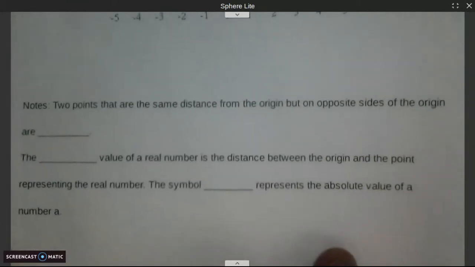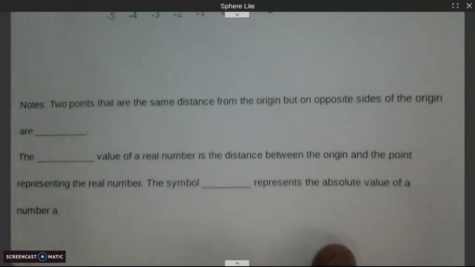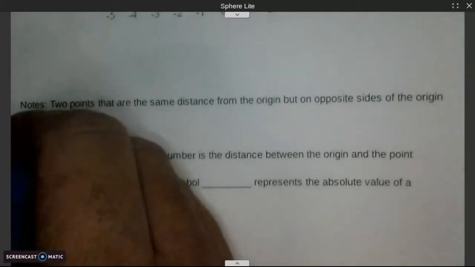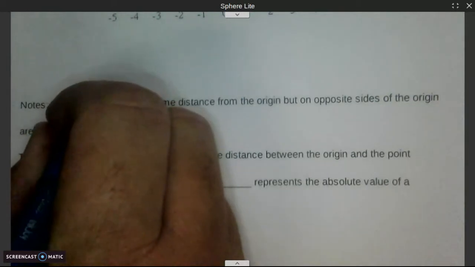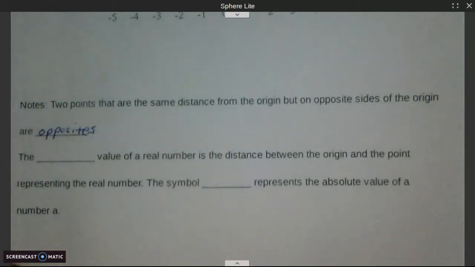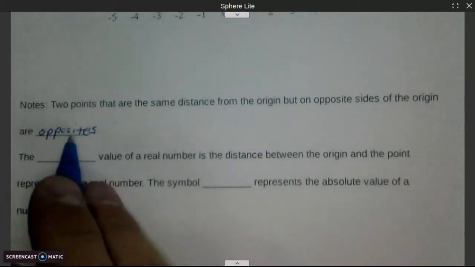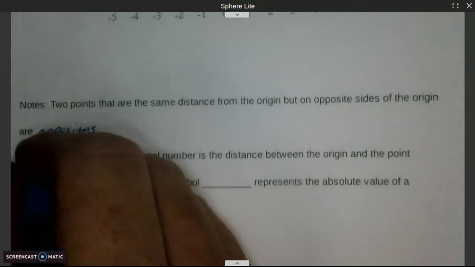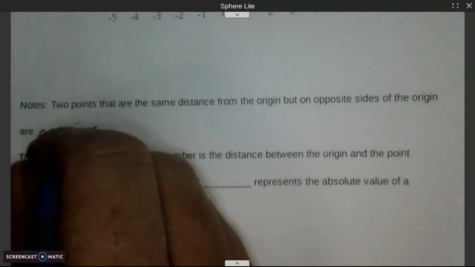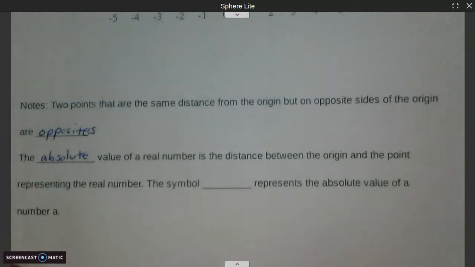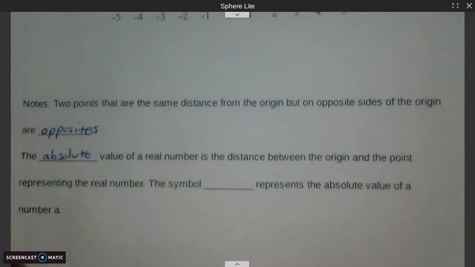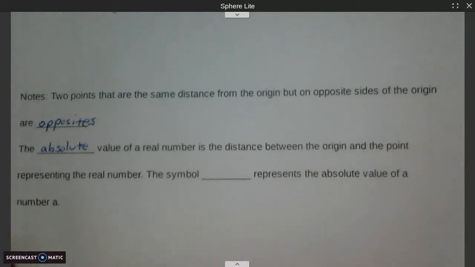Two points that are the same distance from the origin but on opposite sides of the origin are opposites. In regard to opposites, we also have this thing called absolute value. The absolute value of a real number is the distance between the origin and the number representing the real number.